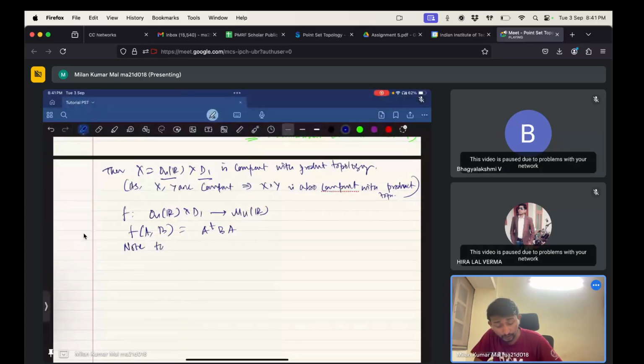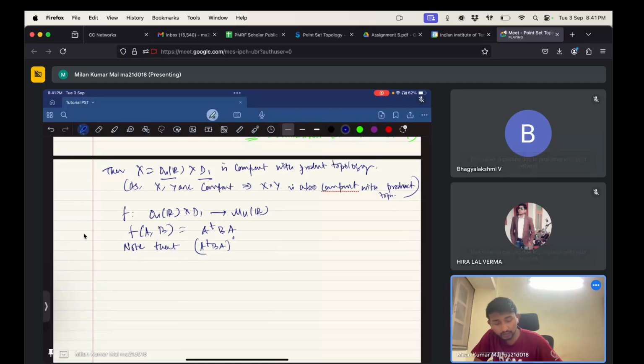Note that f of (A, B) whole transpose is equal to A transpose B transpose A, but B is a diagonal matrix, so B transpose is B.